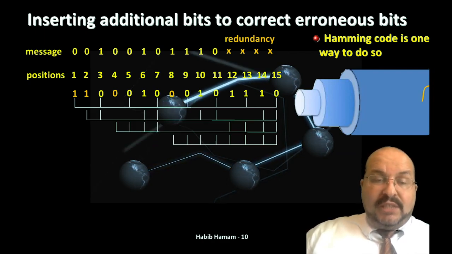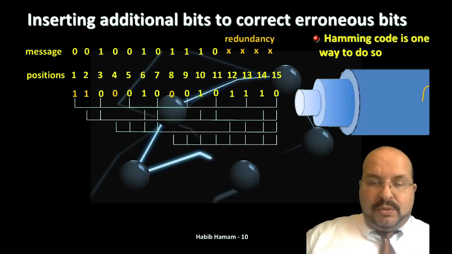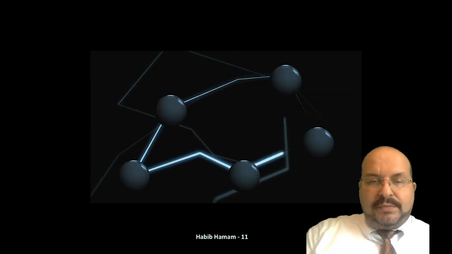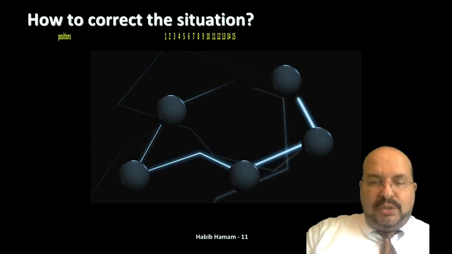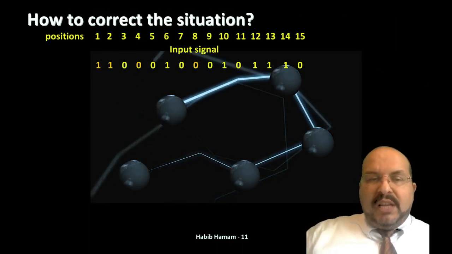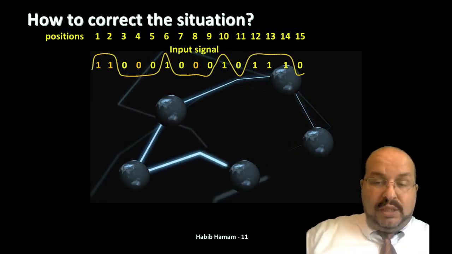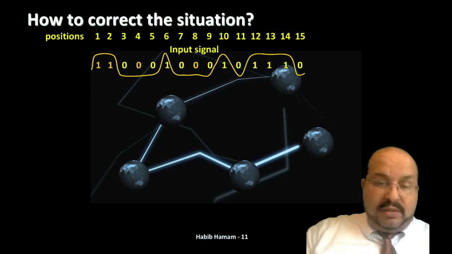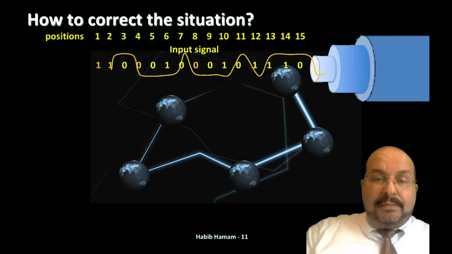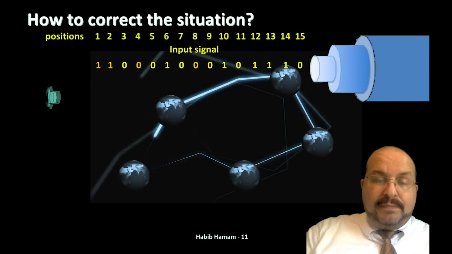The objective is to correct the situation when there is an error. What happens if there is an error? Let us see this situation. So we have the positions 1 to 15. That's the input signal that I sent into the optical fiber in the channel. It went out from the other extremity.